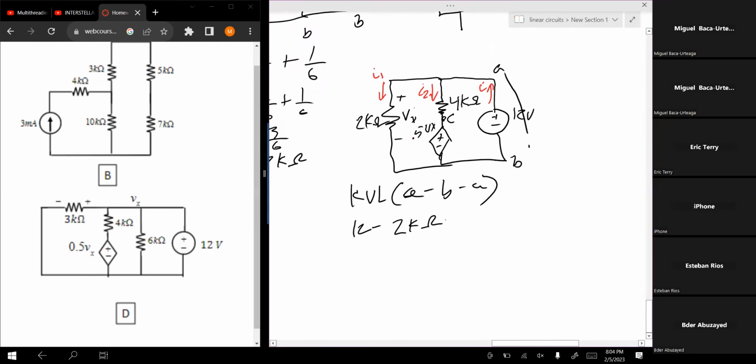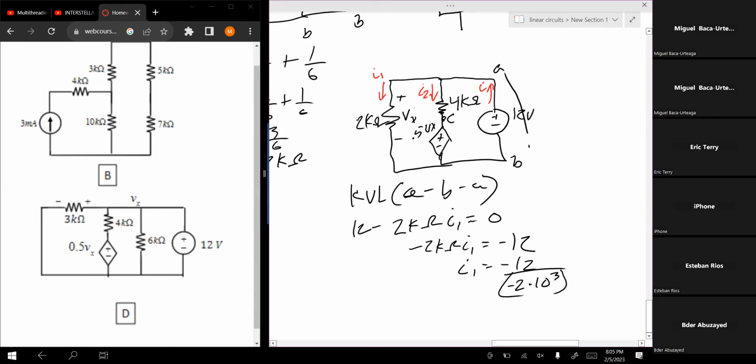So this is going to be 2 kilo ohms times I1 is equal to 0, right? So what will happen is I'm going to move the 12 over. So I'll have negative 2 kilo ohms I1 is equal to negative 12. And then I'm going to divide both sides by negative 2 kilo ohms. So when you're doing this, keep in mind, negative 12, that's going to be negative 2 times 10 to the 3.